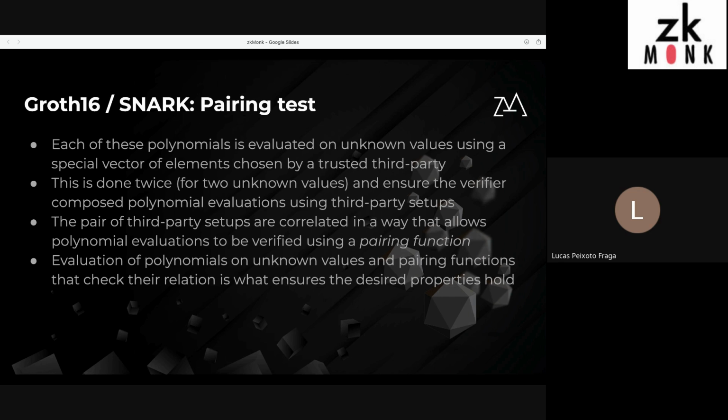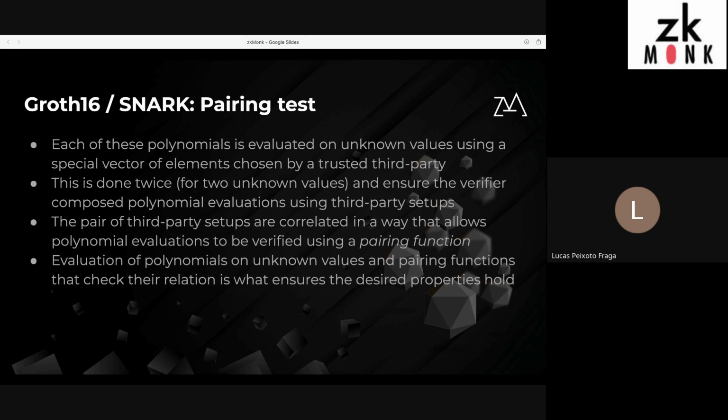The evaluation of polynomials on unknown values and the use of pairing functions to check the relation between these polynomials. This is what makes SNARKs succinct, but it's also because we have to compute few values and send these values to the verifier. So it's very fast. No, not very fast, it's very small. And the size is constant.